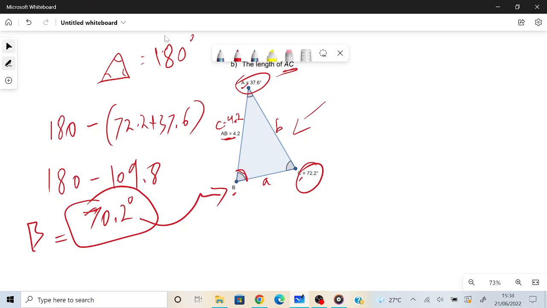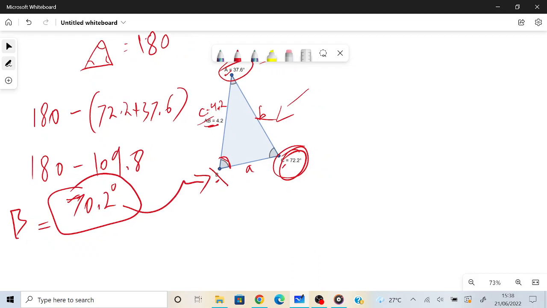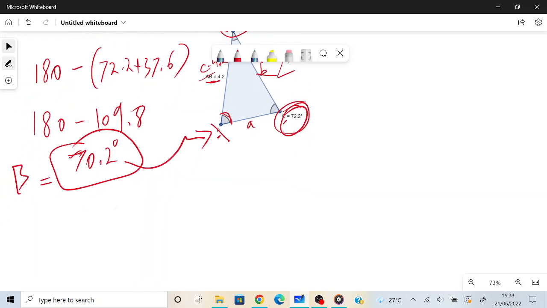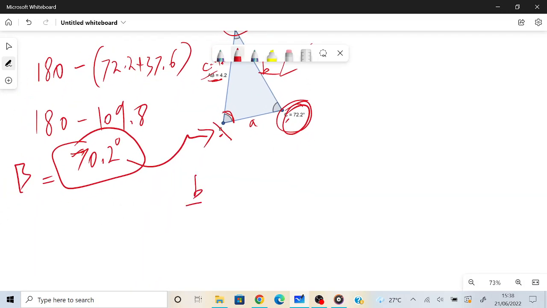Now that we have our big B, we need to find our small b. And note that we have our big C as well as our small c. So all we can do is b over sine B equals c over sine C. Note that whenever you do use sine, of course, it is always the bigger letter that comes, meaning always the angle and never the length of the side.